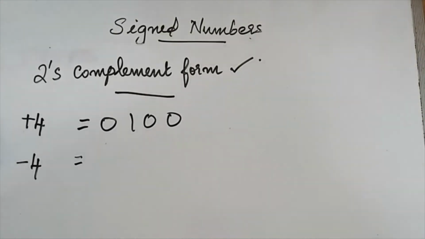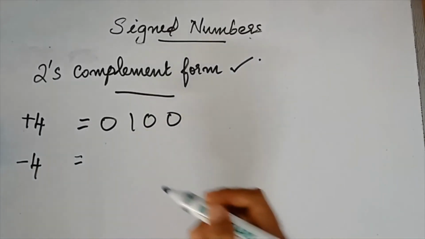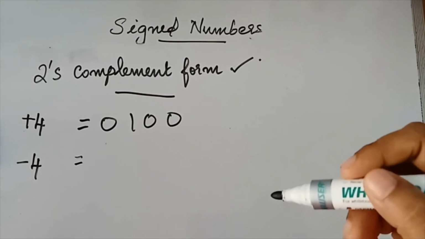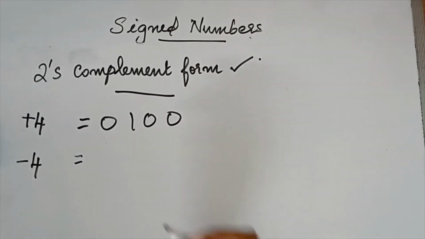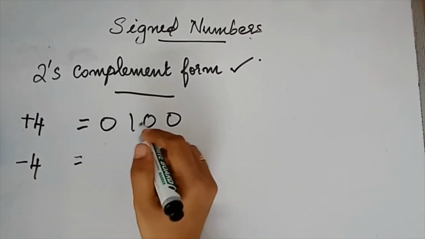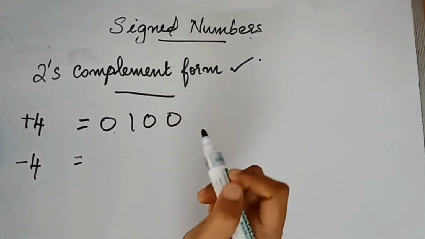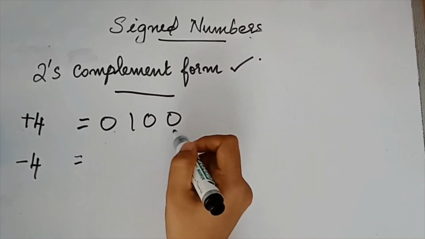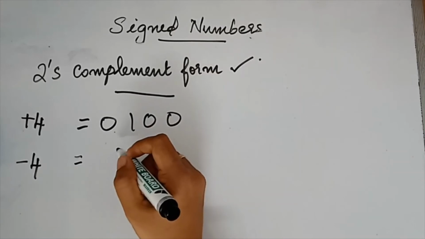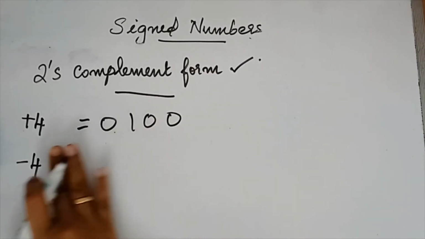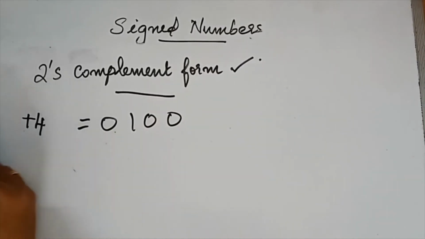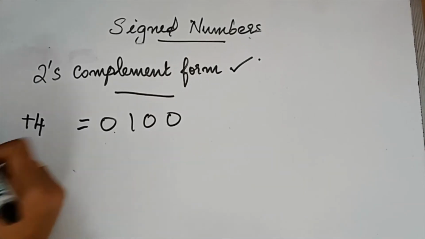Here first we'll write the positive number 0, 1, 0, 0, to find minus 4.